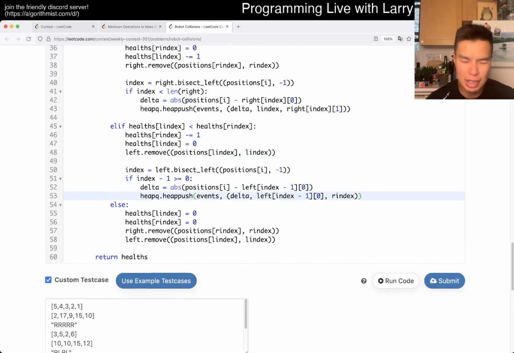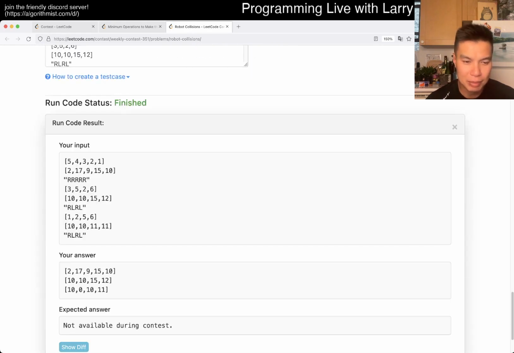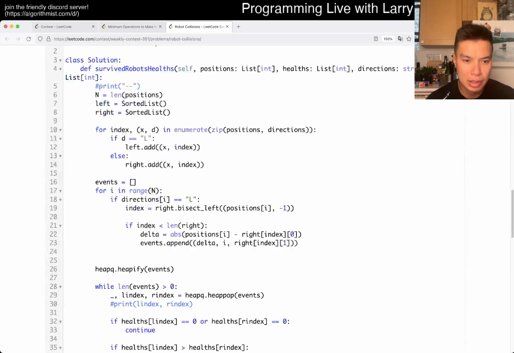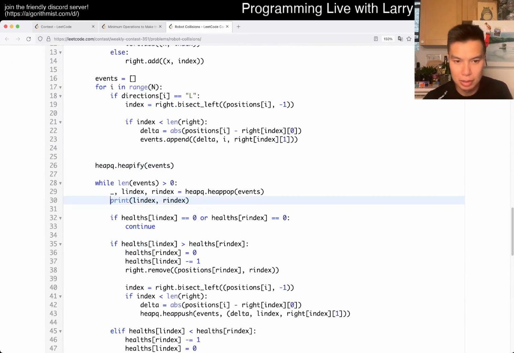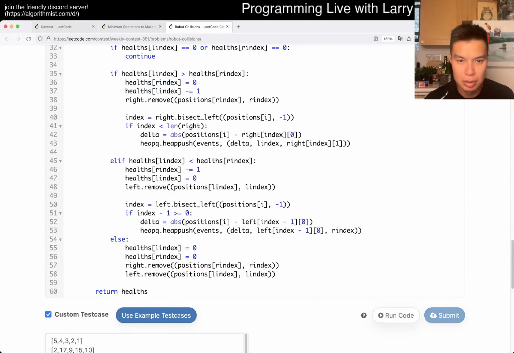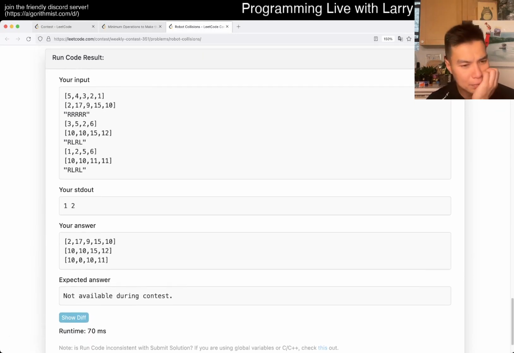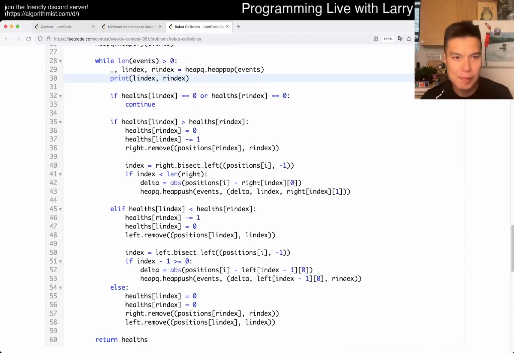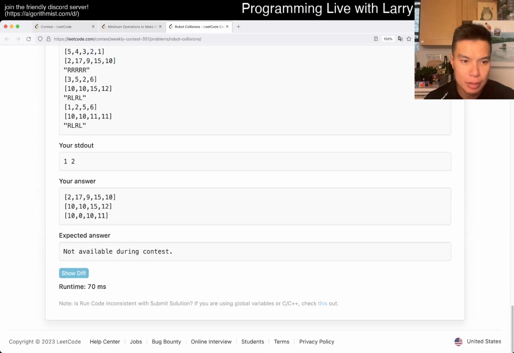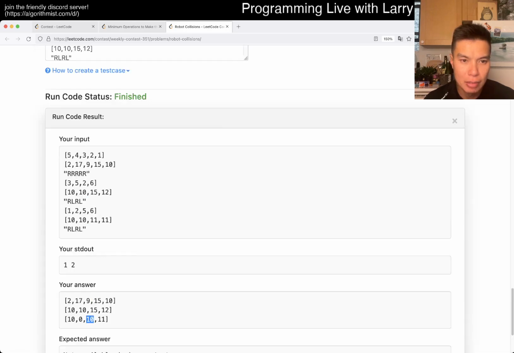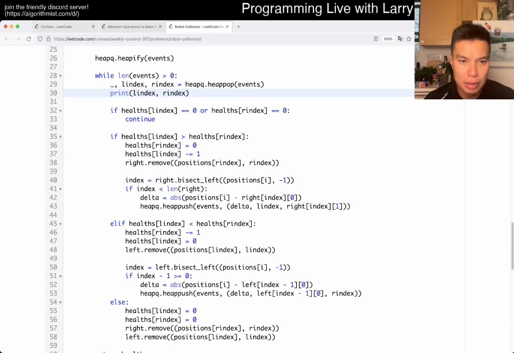Alright, that's unfortunate, that didn't do enough. I was hoping to see more zeros here. Let's see. 1 and 2, but it doesn't. That's it? So the right side wins. Should be here.